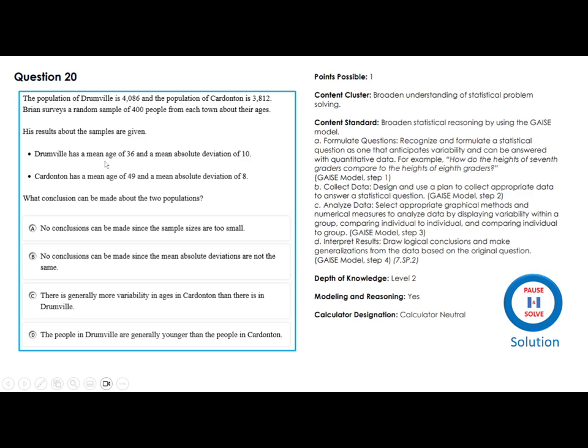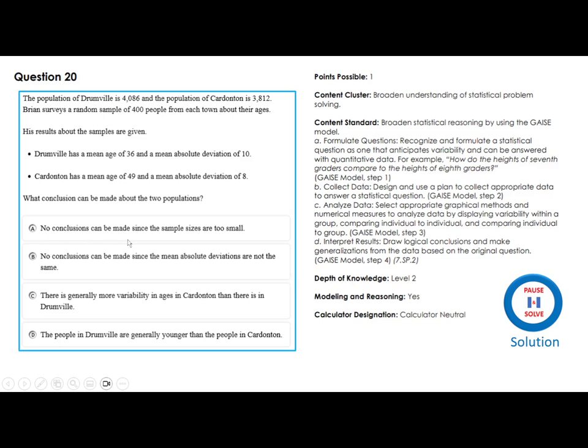Drumville has a mean age of 36 and a mean absolute deviation of 10. Cardonton has a mean age of 49 and a mean absolute deviation of 8. What conclusion can be made about the two populations?